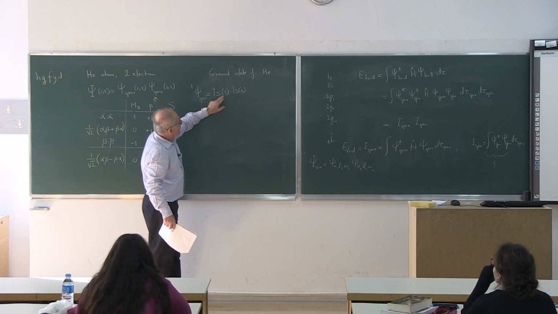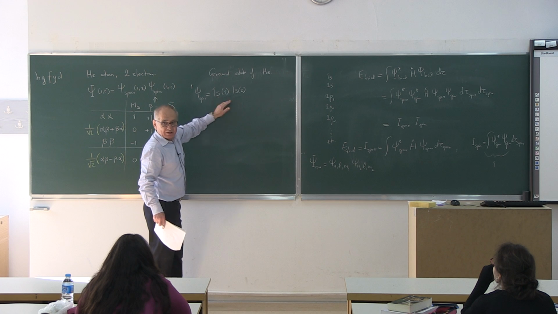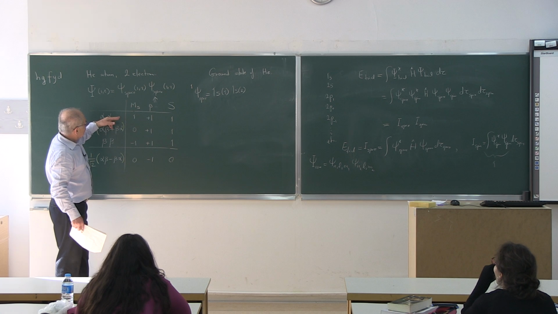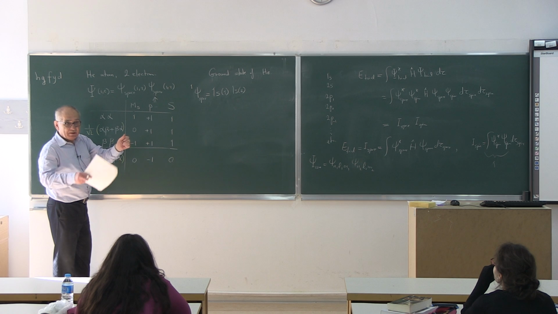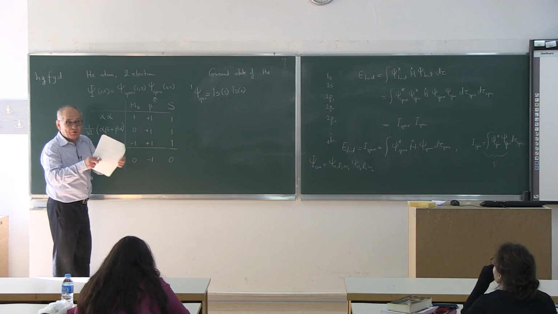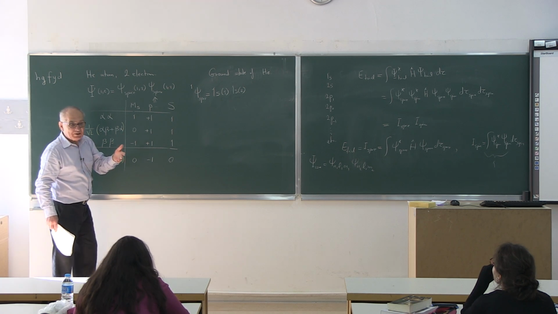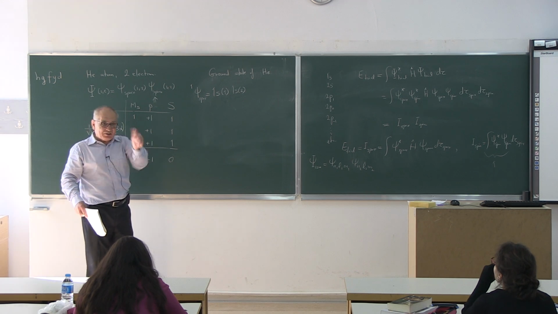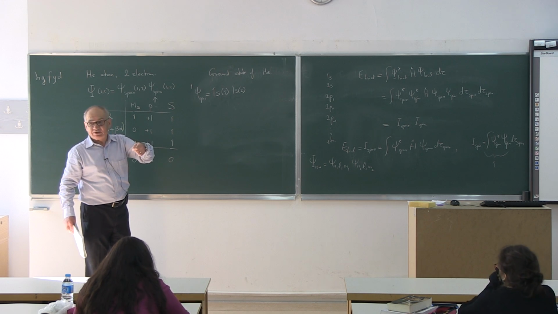Because this space function of two electrons is symmetric with respect to electron exchange, and the triplet spin functions are also symmetric with respect to spin exchange, they cannot be combined because it violates the Pauli exclusion principle. Pauli exclusion principle states that when all four variables of the electrons are exchanged, the full state function must change sign. The full function must be antisymmetric.